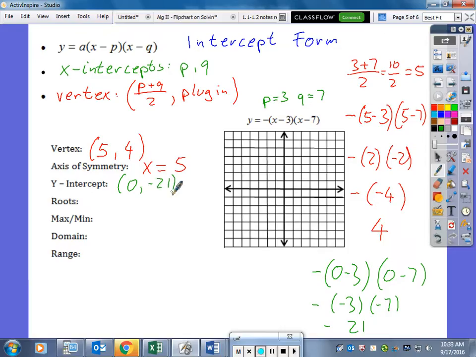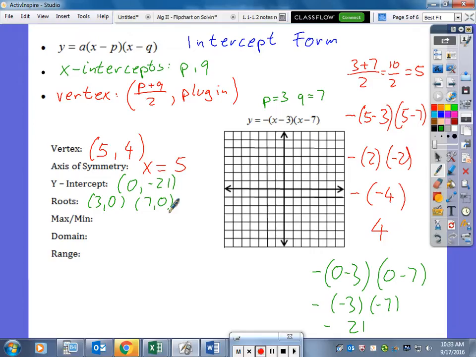The y-intercept is at 0, negative 21, and that would of course be a little difficult to graph. Now the roots are going to be very easy for us to find because we do have our p and q. The roots are positive 3, 0 and positive 7, 0.